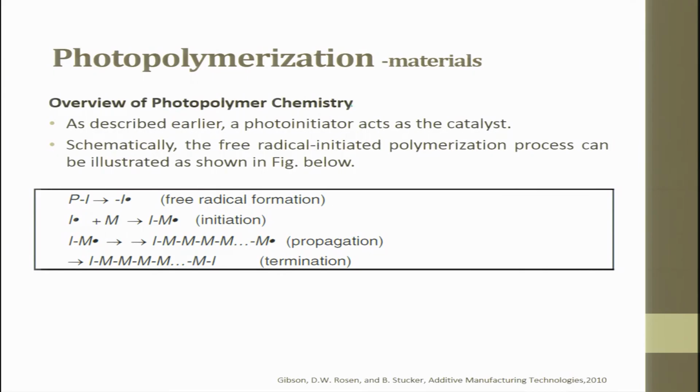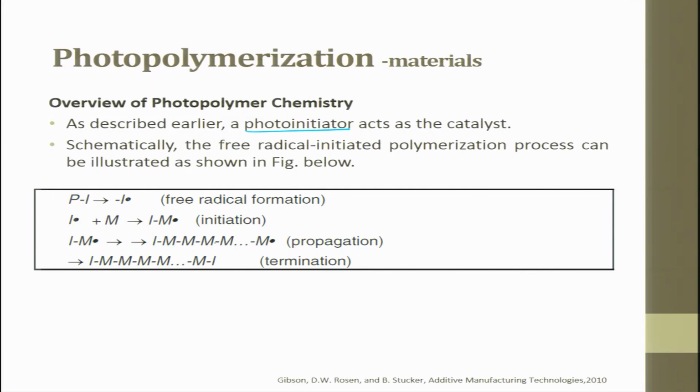The overview of photopolymer chemistry, and as described earlier, a photoinitiator acts as a catalyst. Schematically, the free radical initiated photopolymerization process can be illustrated as shown in figure 1. P-I bond, I with a free radical. So, free radical formation, with M reacts and forms an initiator I-M dot.